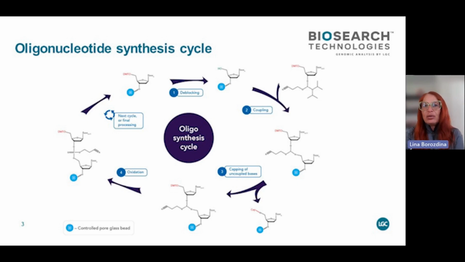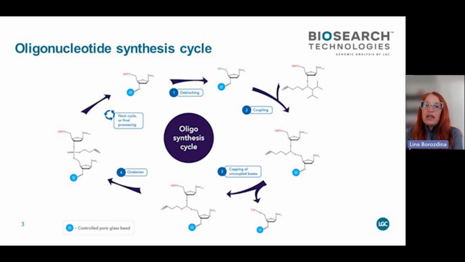It's a blend of two, usually consisting of DCA, TCA, in toluene or in dichloromethane. When the chemical hits the bead, this bright orange color comes off. It's called trityl. What it does, it activates this OH group for the next addition.